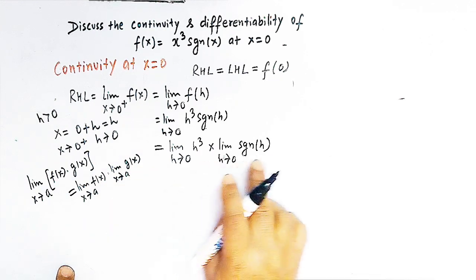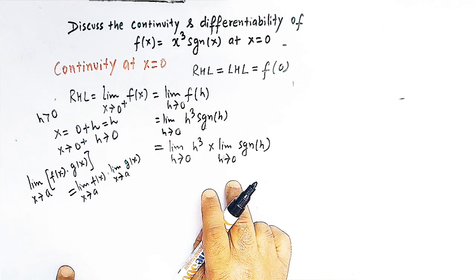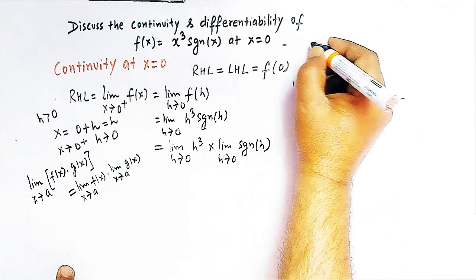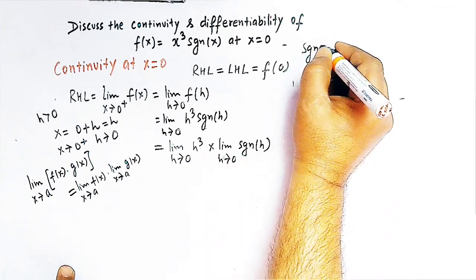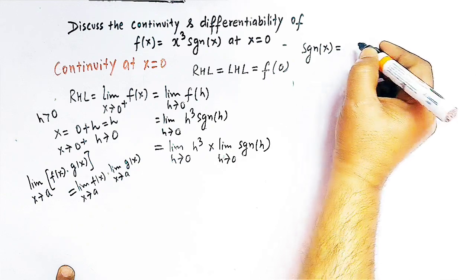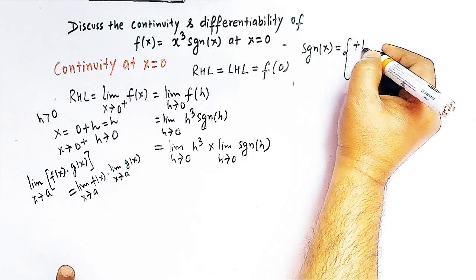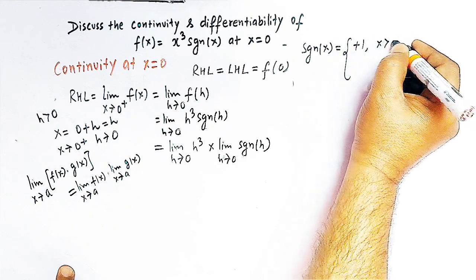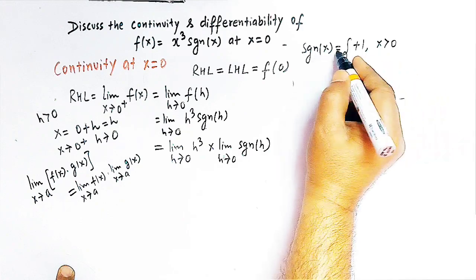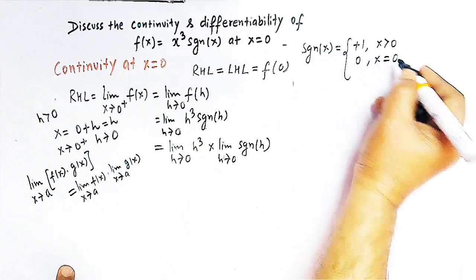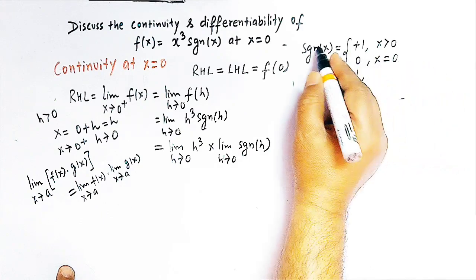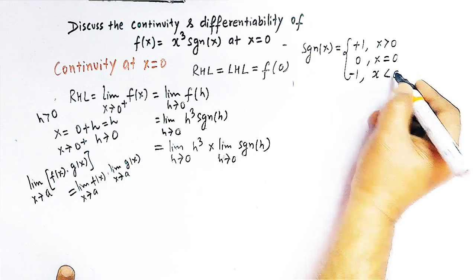Okay, so now here let us first define the signum function, and signum function is defined like this: signum of x is equal to positive 1 whenever x is greater than 0, signum of x is 0 when x is equal to 0, and minus 1 when x is less than 0.